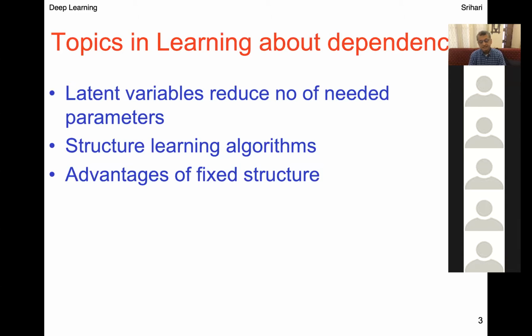Supposing I wanted to represent a probability distribution of a large number of variables, such as a large number of photographs of celebrity faces. You would have to deal with very complicated interrelationships between these variables, the correlations between these variables, a huge number of parameters.